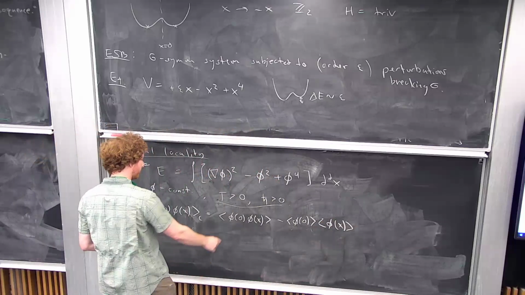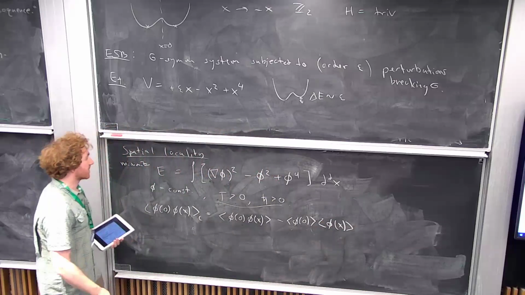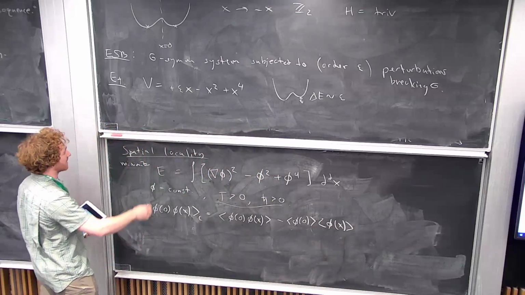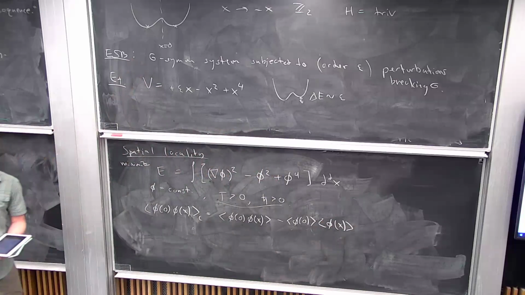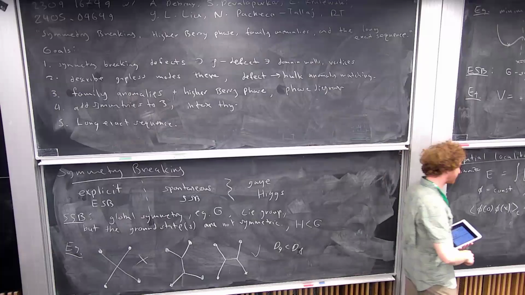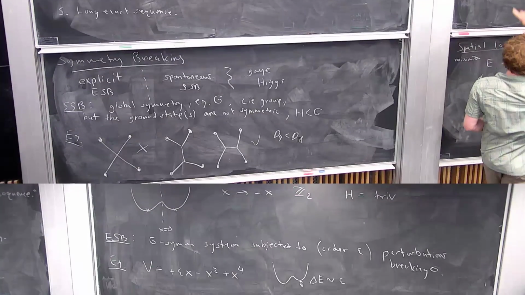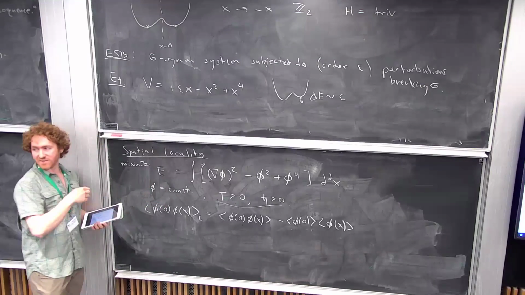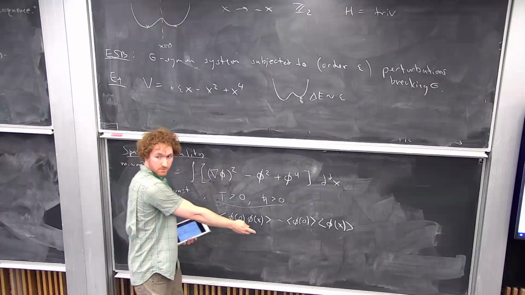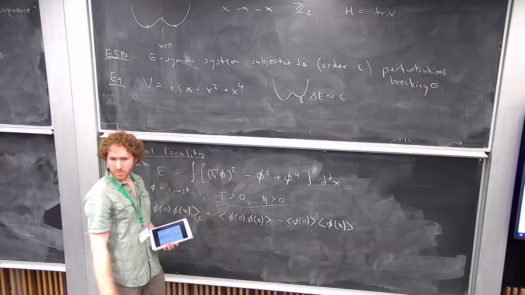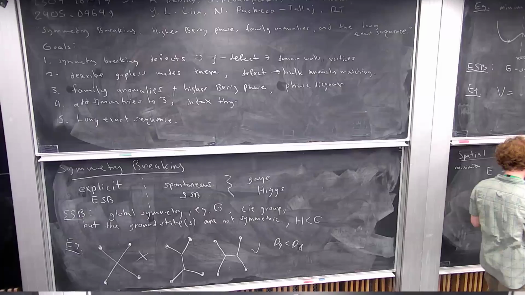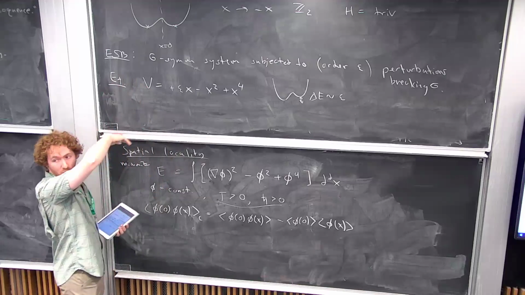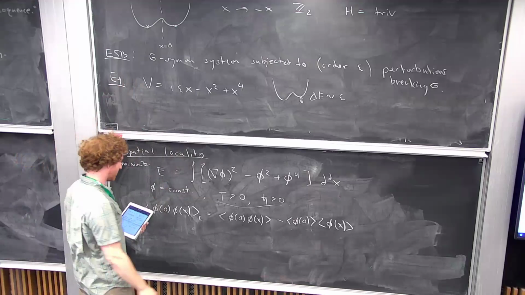So let's say that we're in this kind of symmetry breaking picture where phi spends most of its time sitting in one of those minima. Well, then you might expect that far away, phi is still sitting in the same minimum. That's going to be when this is 1. But if there's a lot of fluctuations, then phi is going to swap from one minimum to the other, and you won't have any order.